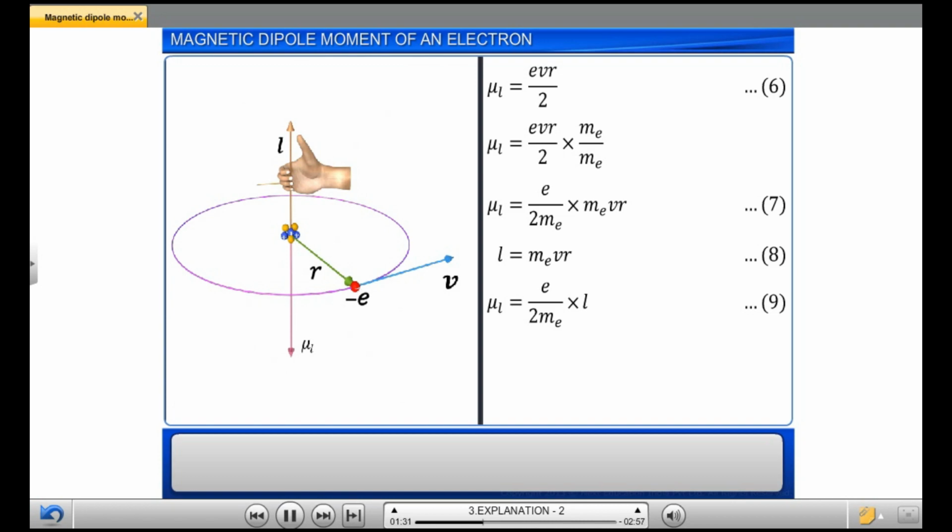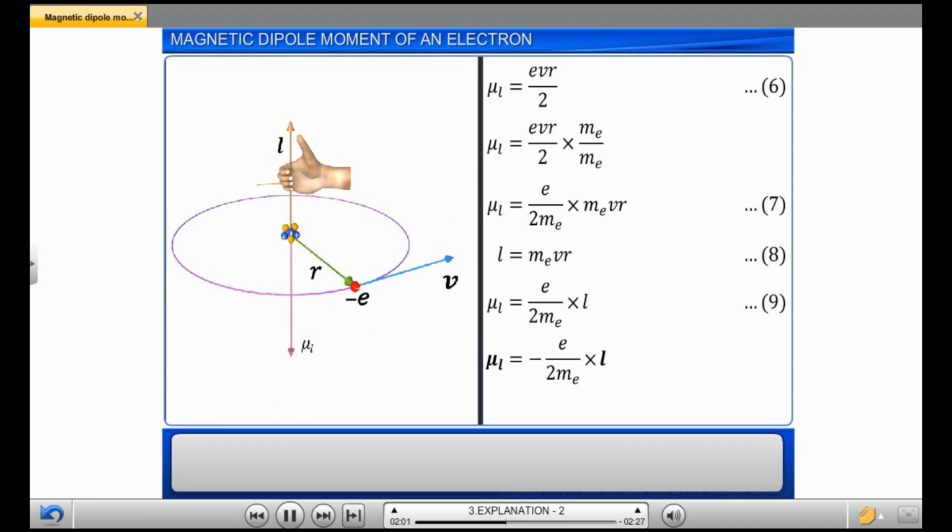Thus, we find that the angular momentum of the electron and its magnetic moment are in opposite directions. Vectorially, the relation between the magnetic moment and angular momentum of an electron is μL is equal to minus e by 2me into L. The negative sign indicates that μL and L are in opposite directions.